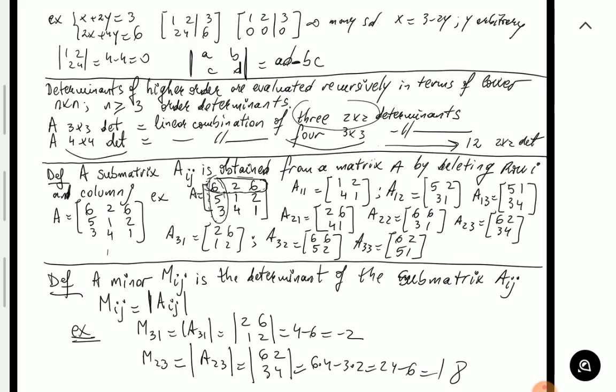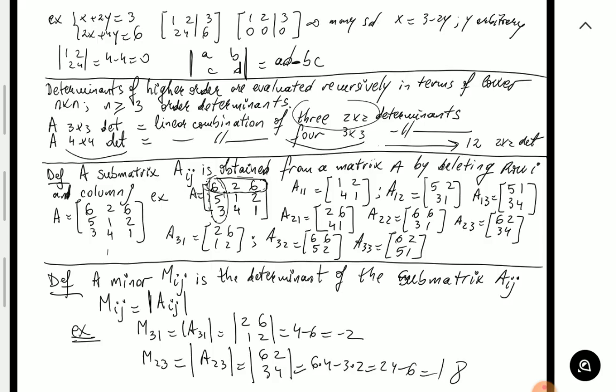Alright, so with that out of the way, knowing what is a minor, what is a submatrix, we're finally ready to introduce the definition of a determinant, or the way we evaluate it in general, using the so-called cofactor expansion.